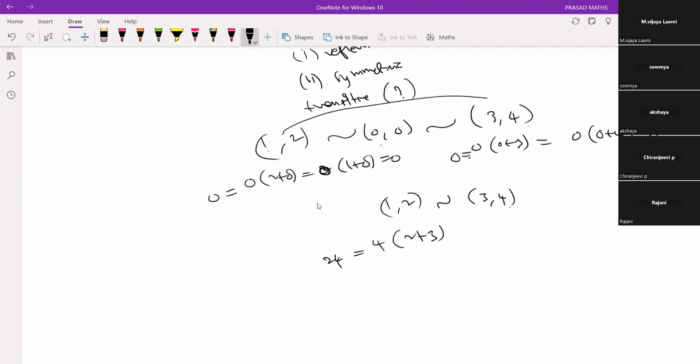This is one way round. What is the second way round? 2 into 3 means 6 into 1 plus 4. What is this? 30. Question is, are they equal? No. So therefore (1, 2) cannot be related to (3, 4).